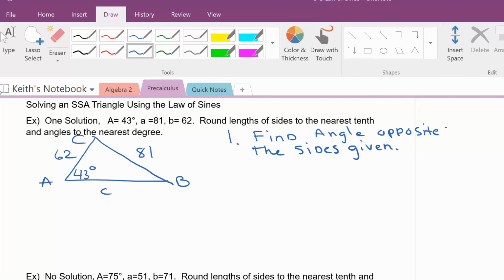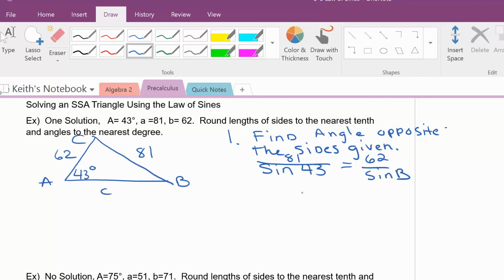So we go sine 43, 81 over sine 43 equals 62 over sine B.